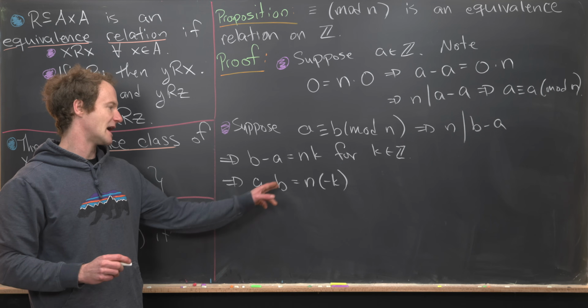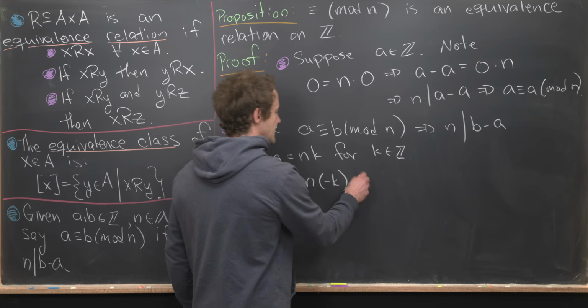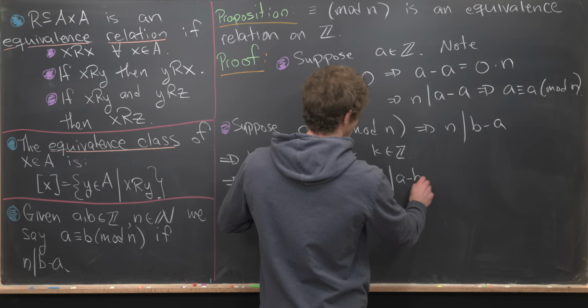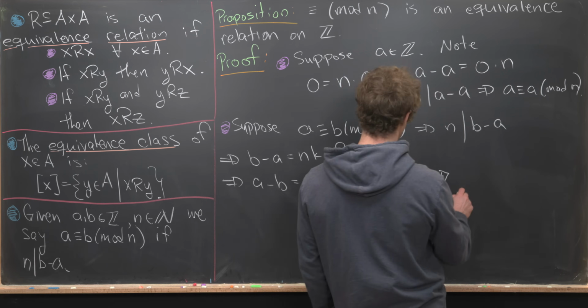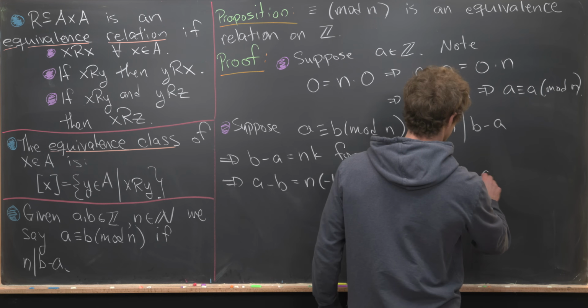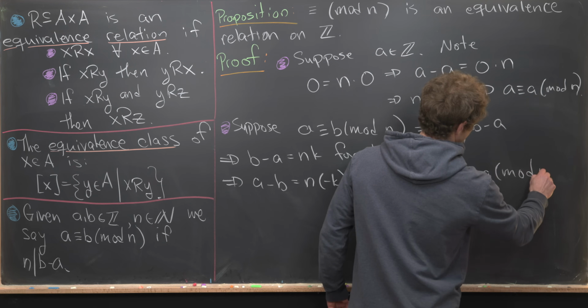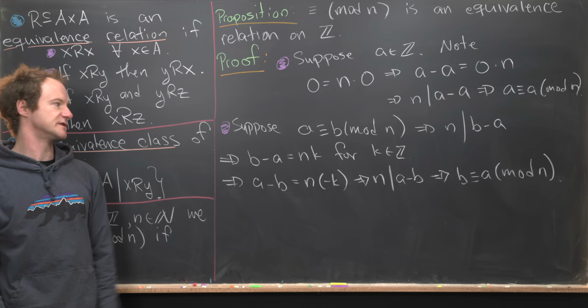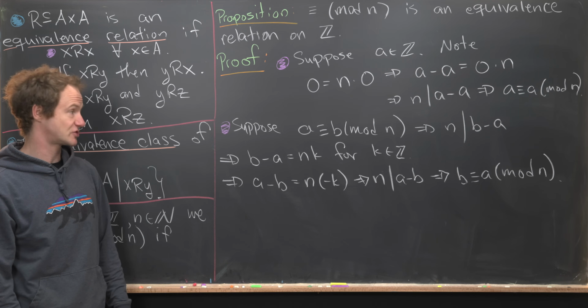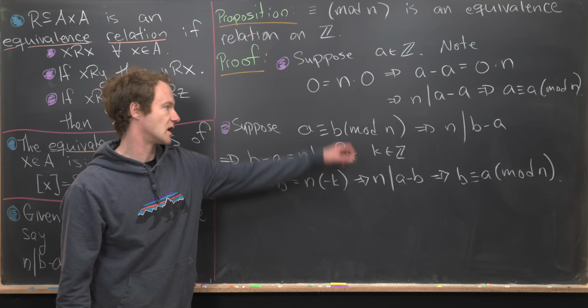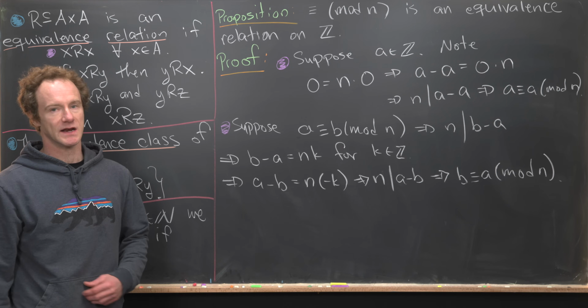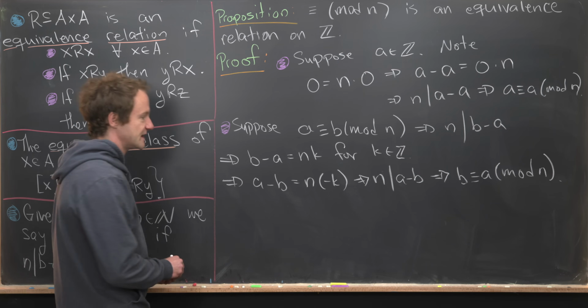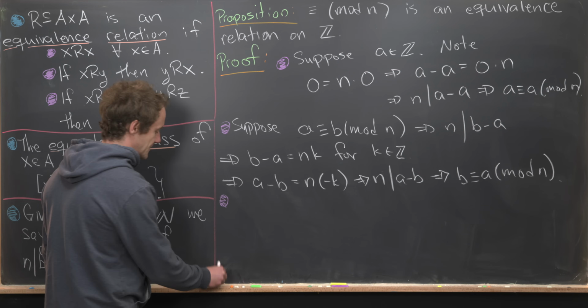But if a minus b is a multiple of n, that means that n divides a minus b. But then n dividing a minus b is equivalent to saying that b is congruent to a modulo n. So that proves that congruence modulo n is symmetric. We started with a is congruent to b mod n, and we ended with b is congruent to a mod n.